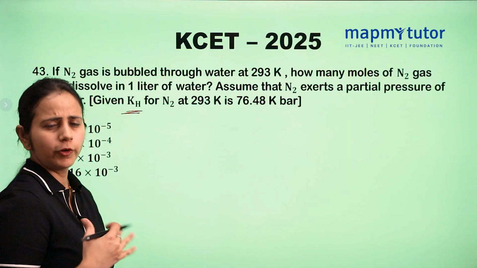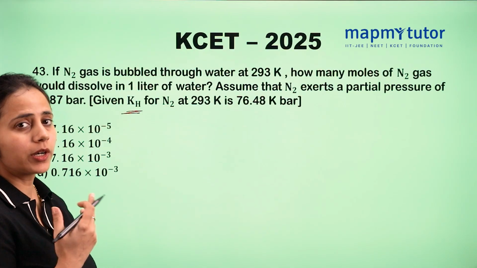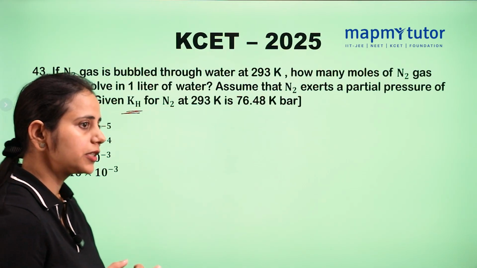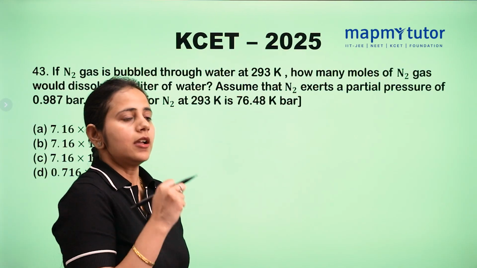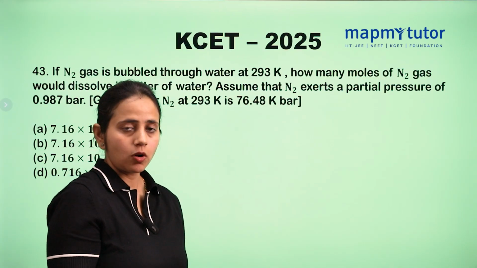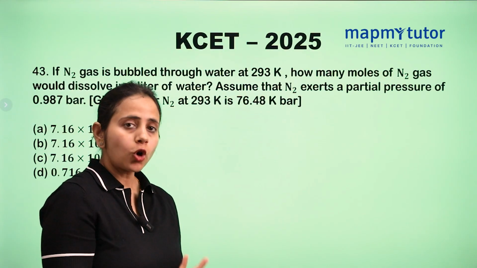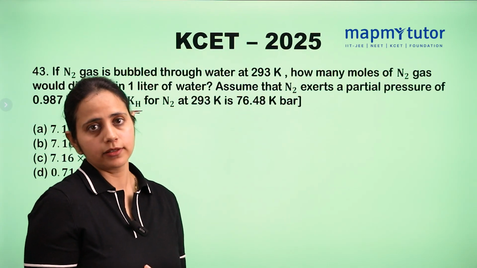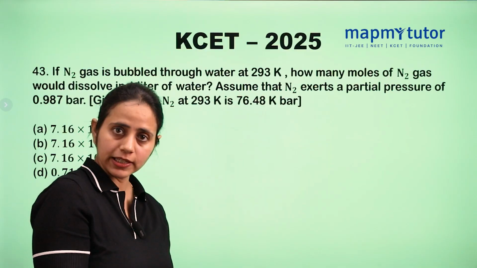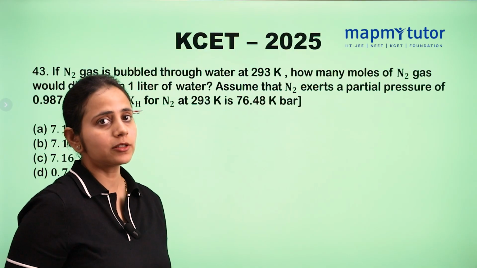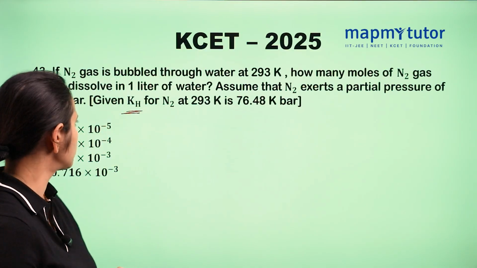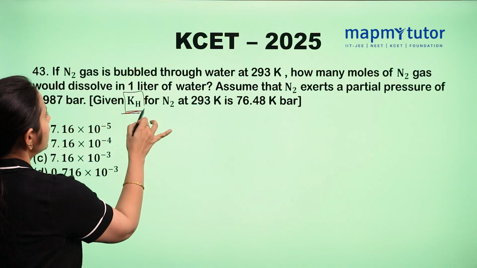So, what do you mean by Henry law? Henry law states that when we put pressure on a gas, the solubility of the gas increases. Okay, as much as the pressure is increased, solubility of a gas in solution will increase. So this Kh is the Henry constant.